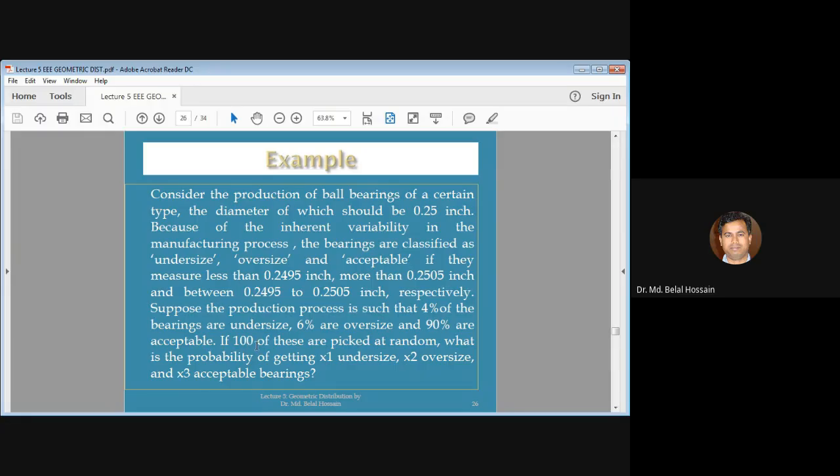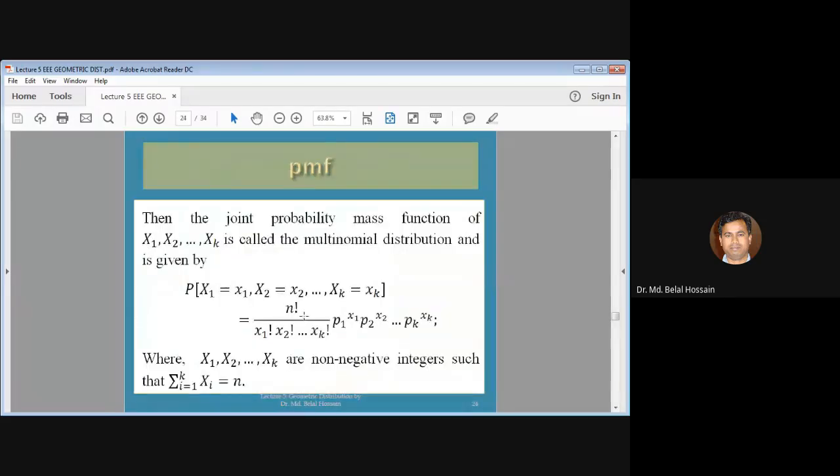So put the values here. Write down on your paper the probability, this is exactly what they're asking for: X1 equals x1, X2 equals x2, X3 equals x3.